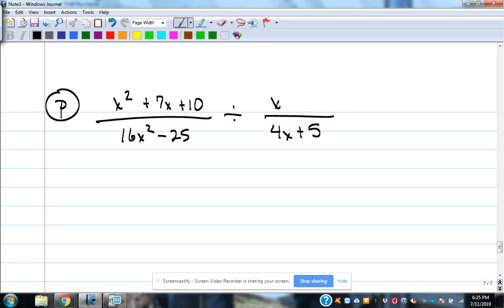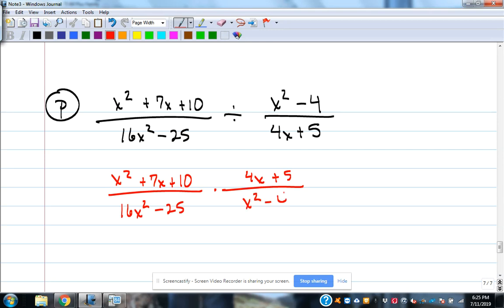And on the top, let's do x squared minus 4. All we've got to do is change this problem to a multiplication problem, and all of the rules are exactly the same. Okay, so we just rewrite the problem: x squared plus 7x plus 10 over 16x squared minus 25 times 4x plus 5 over x squared minus 4.